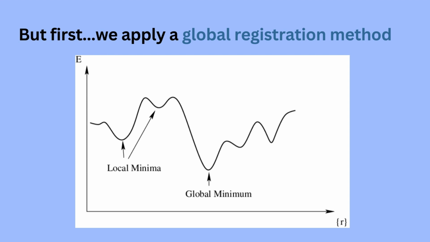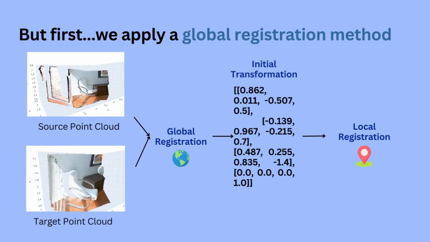Global registration methods do not depend on alignment for initialization. Unlike the local registration algorithms, typically they produce less precise alignments, but can aid in converging to the global minimum, and hence are employed as the initial step for local methods.